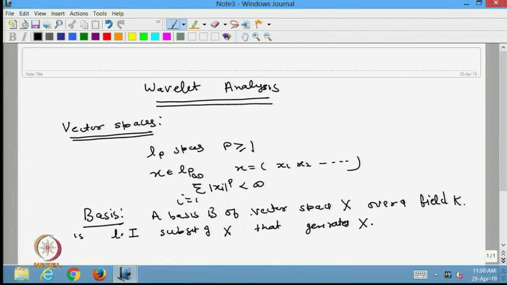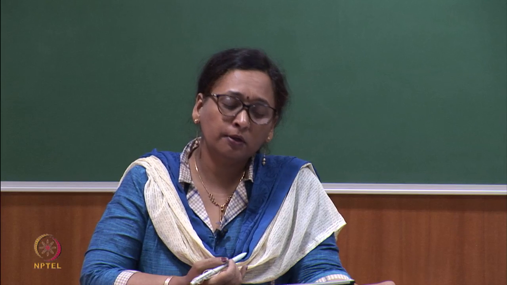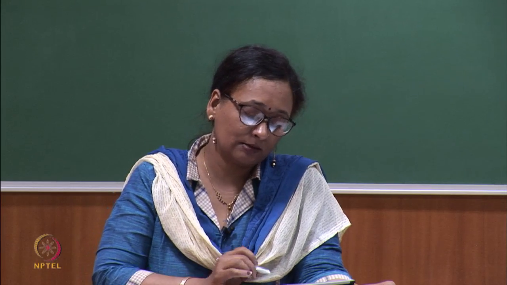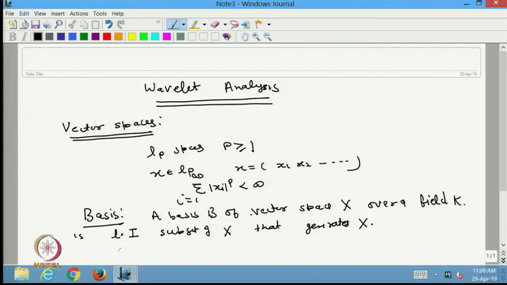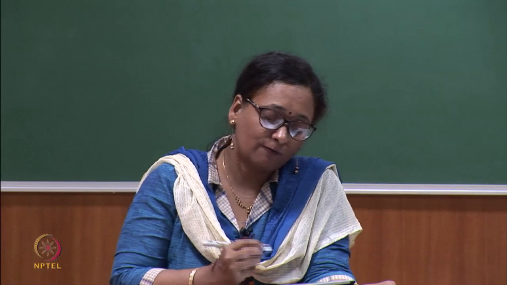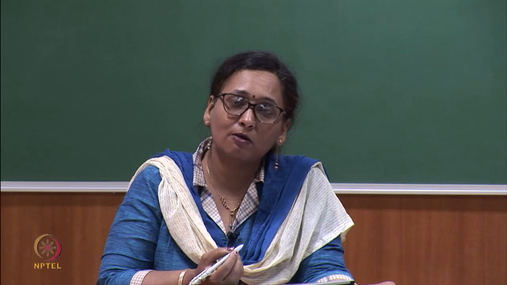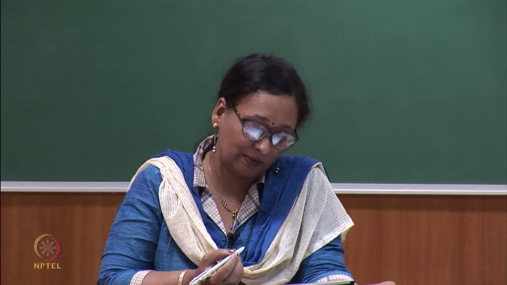A basis B of a vector space X over a field K is a linearly independent subset of X that generates X. We all know what a basis is. I am not going to explain what a linearly independent subset is, and I am assuming that all of you know it. Now, if a basis contains a finite number of elements, it is called a finite dimensional space. If a basis contains infinitely many elements, it is called an infinite dimensional space.